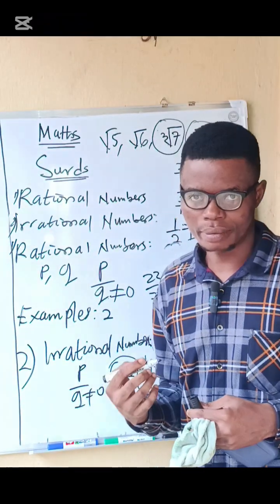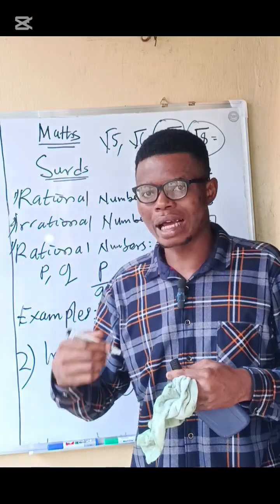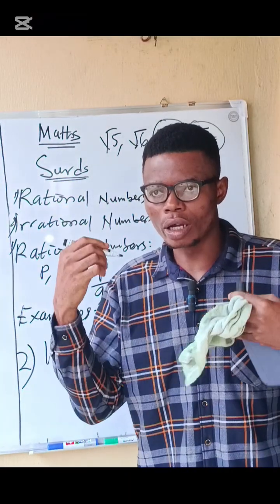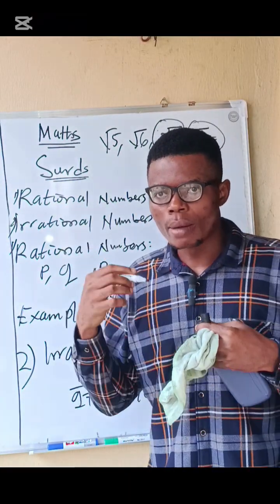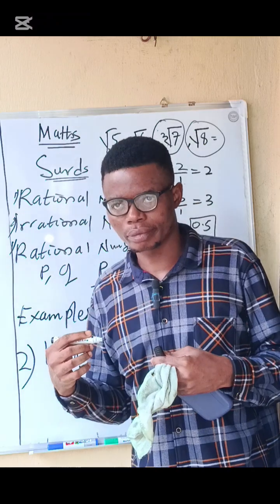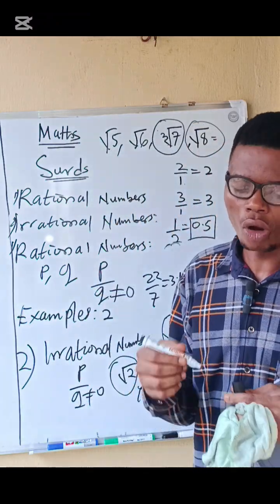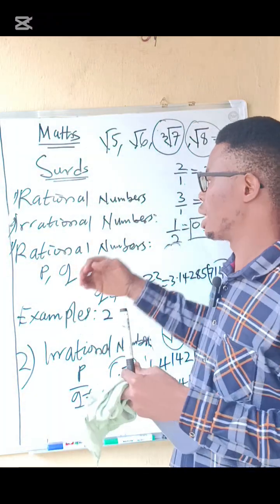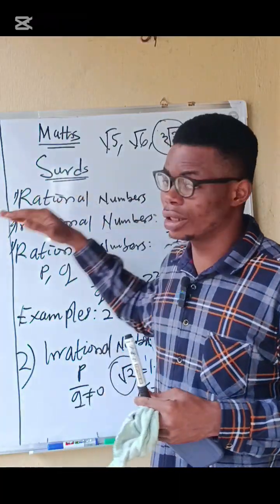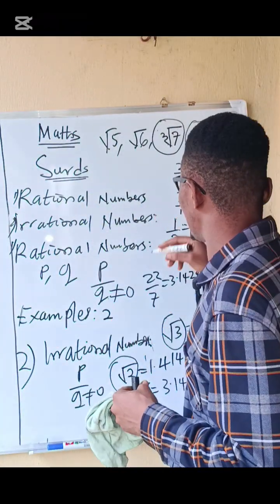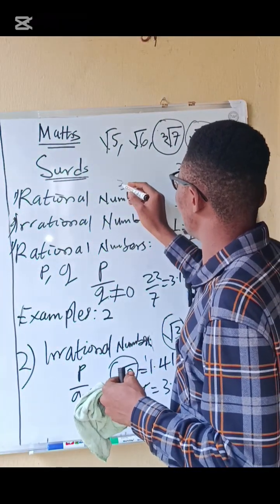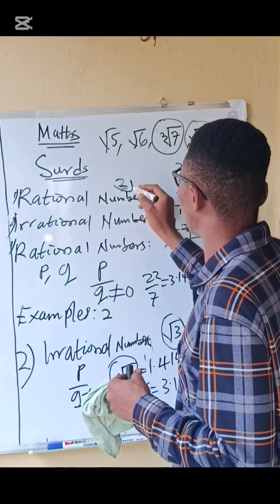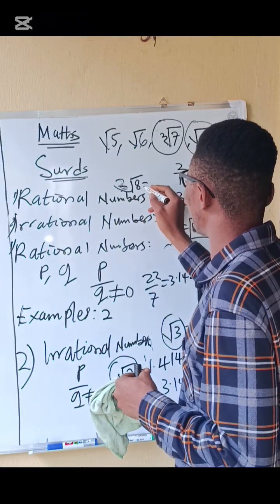But let me tell you something. When you find the root of all perfect squares, perfect cubes, perfect fourth roots, all these, they are rational numbers. Because if you find the cube root of 8, you are going to have 2.